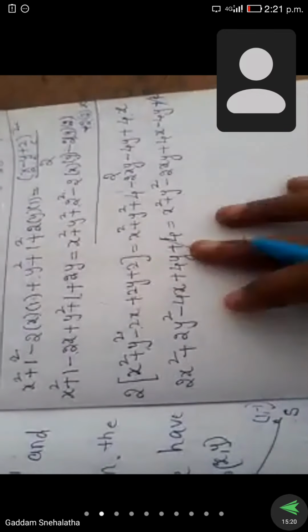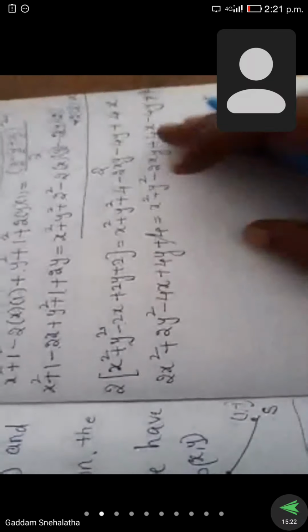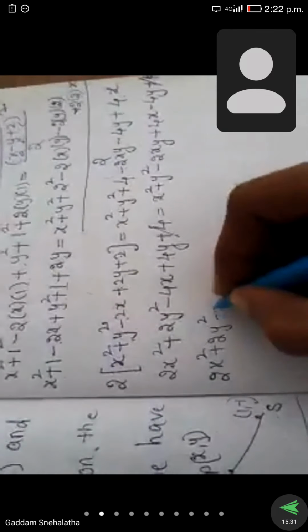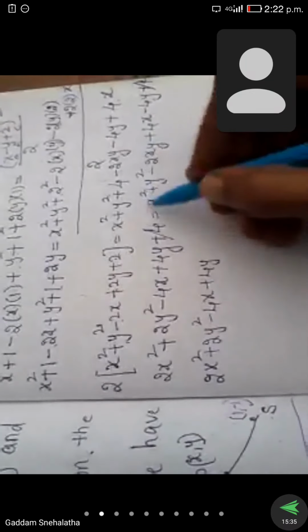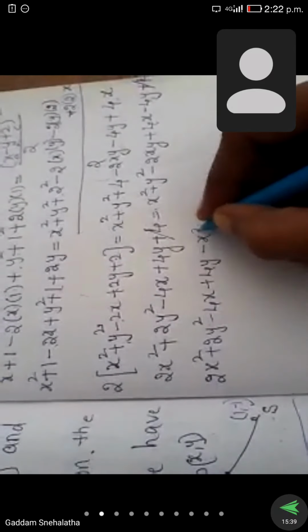Both sides have the constant plus 4, so cancel this. Next, send all these terms to the left hand side. So what do I get? 2x square plus 2y square minus 4x plus 4y. This plus x square, if I send it to this side, I get minus x square.